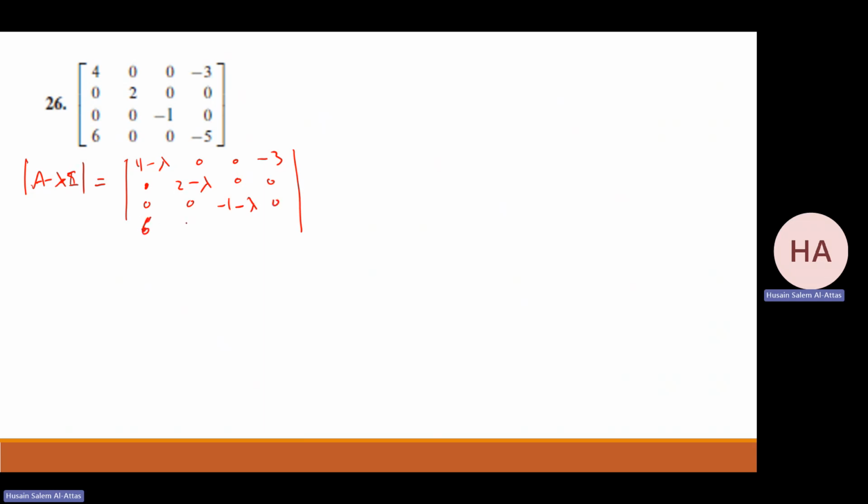That will make a big problem. So 4 minus lambda, cancel this with this. Very clear, I have 2 minus lambda, minus 1 minus lambda, minus 5 minus lambda equals 0. So what are the eigenvalues?